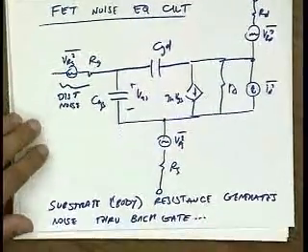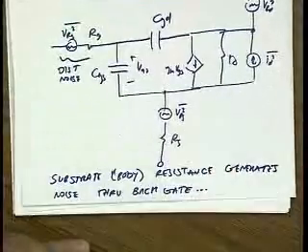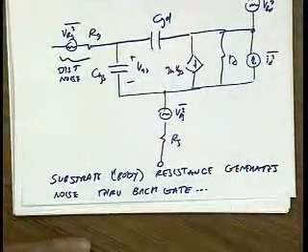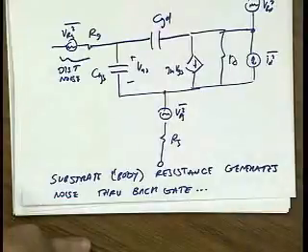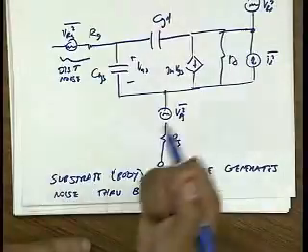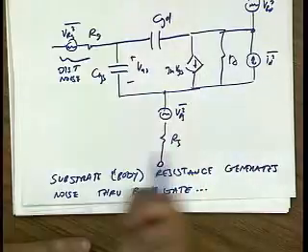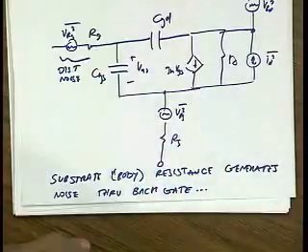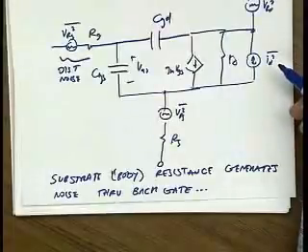Because the body node goes to a resistor and then to ground. So that resistance has noise because the body of the transistor is a physical device. And there's a transconductance that takes that noise from the body and turns it into also a drain current.